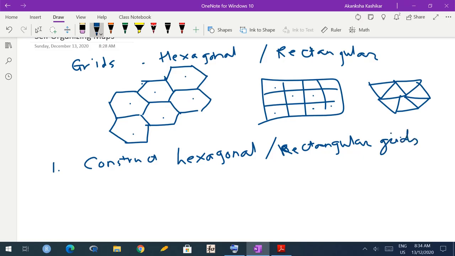As I said, we don't actually have to construct grids. They get automatically constructed if you choose some cluster center type of thing.